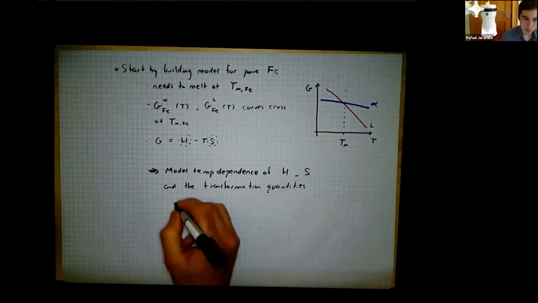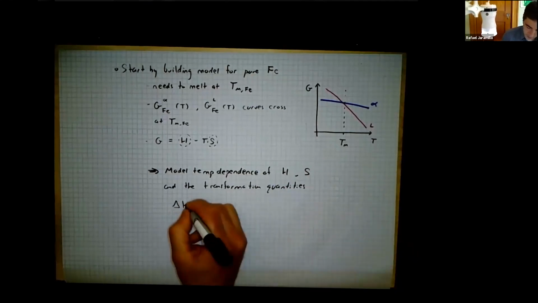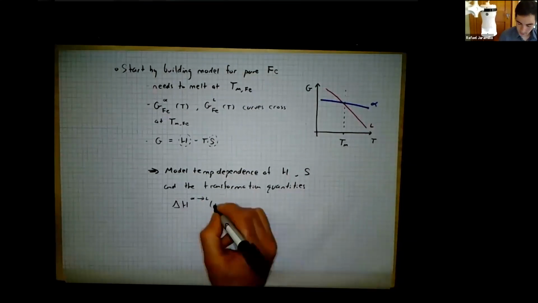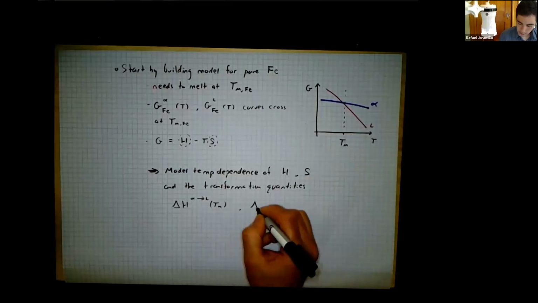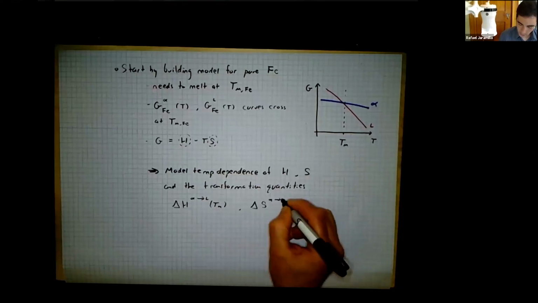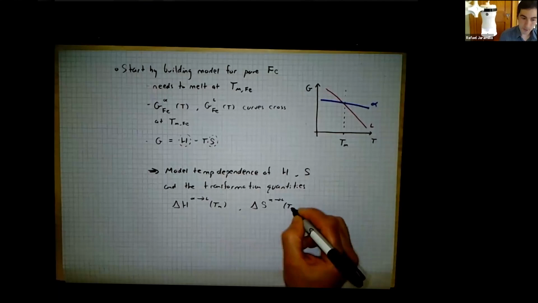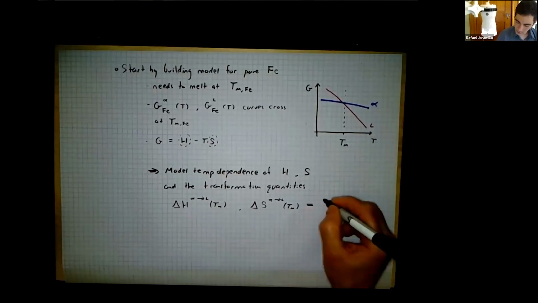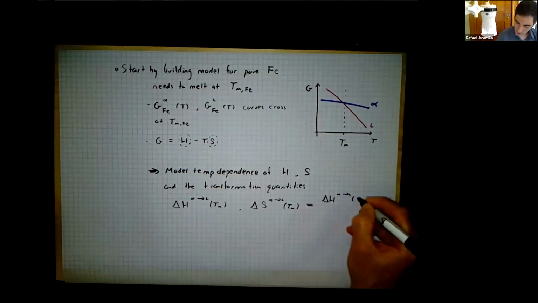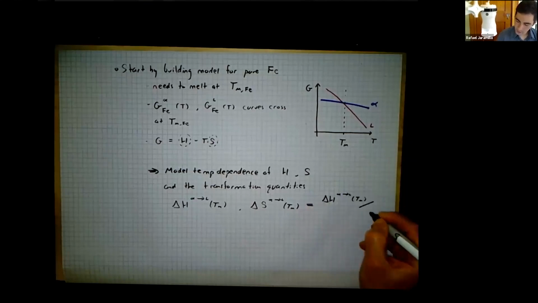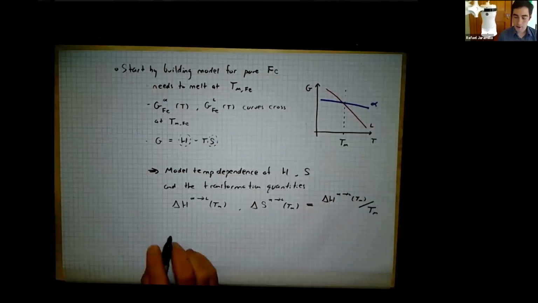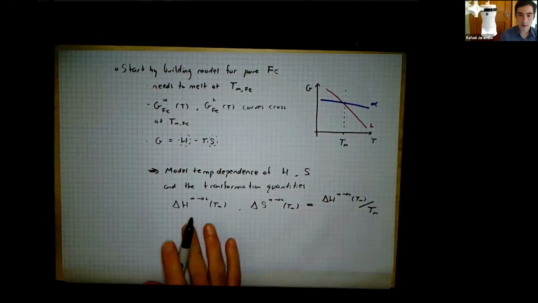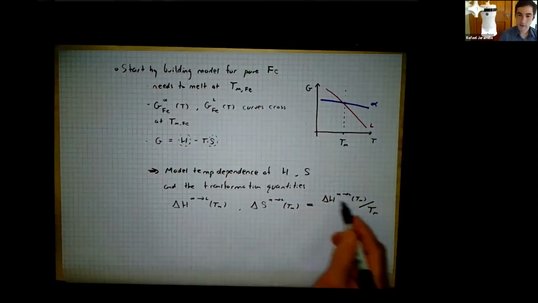That is the change in enthalpy on melting at the melting point, the change in entropy on melting at the melting point. And that, of course, is equal to the change in enthalpy on melting at the melting point divided by the melting point. Right, so I have the enthalpy change, the entropy change, and the melting point temperature. And if you give me any two, I'll tell you the third via this equation.